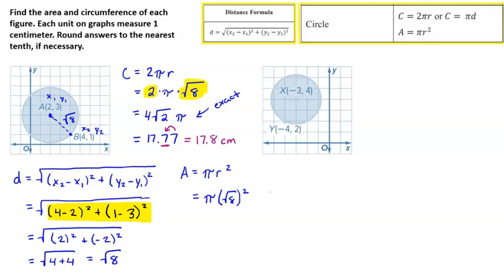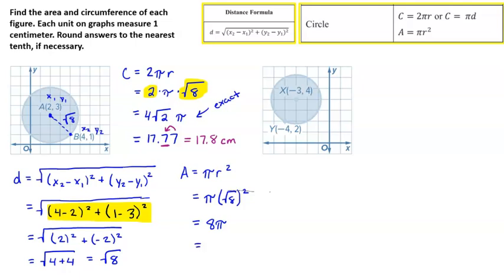And so these end up canceling each other, and we end up with 8 times pi, and you're always going to put that other number in front. So if we were doing the exact answer, it would just be 8 pi and then centimeters squared.